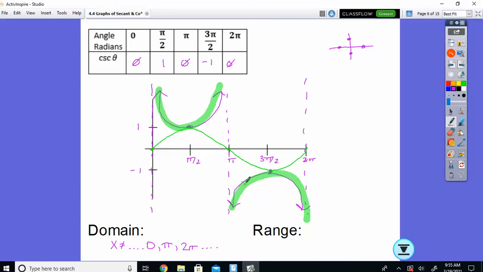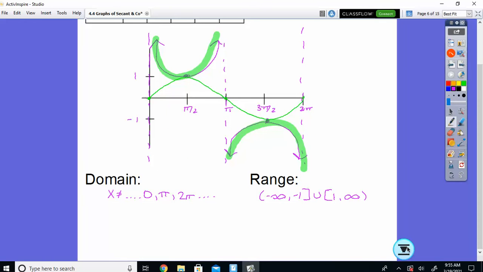Our range, with sine and cosine we hit everything in between negative 1 and 1. This one's the opposite. It's everything smaller than negative 1, union everything bigger than 1. Okay, is this even or odd? Odd. It's a reciprocal of sine. Sine was an odd function, wasn't it?